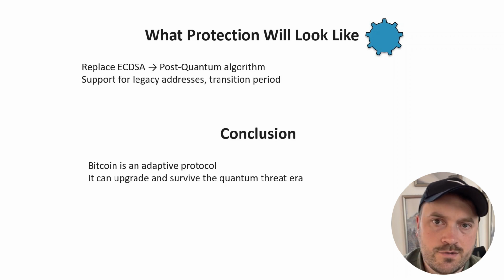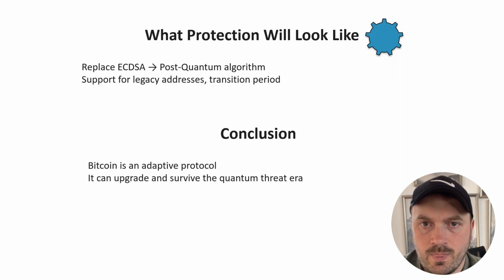As a conclusion, I can now say Bitcoin is not a static system. It is a flexible, upgradable protocol governed by a community of developers, miners, nodes, and users.